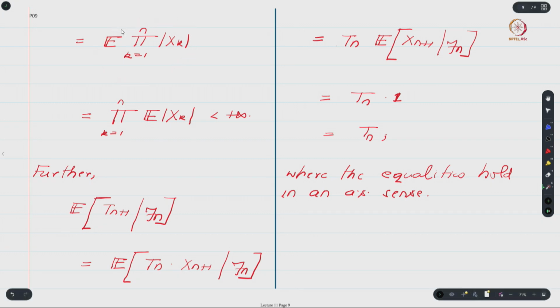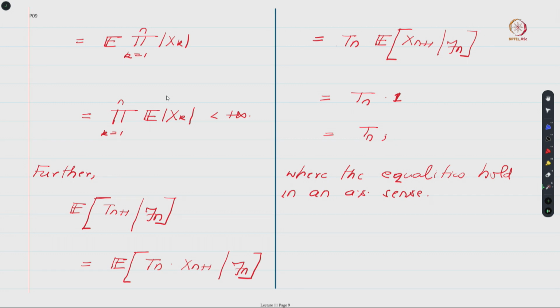We know that each xk is integrable, hence the expected value of the absolute value of xk is less than infinity, and since it is a product of finitely many numbers, the product will also be less than infinity, allowing us to conclude that Tn is integrable.